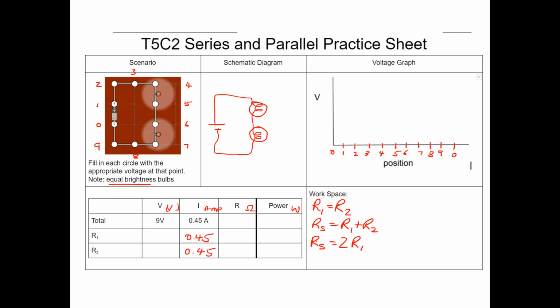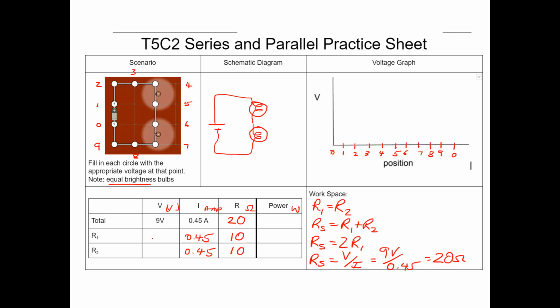Let's figure out the series resistance. R series is going to be equal to our voltage divided by our current. Voltage is 9 volts. Current is 0.45 amps. That tells me it's 20 ohms. So my overall resistance is 20 ohms. I know that R1 is going to be my series resistance divided by 2, so 10 ohms. The other one must be 10 ohms.